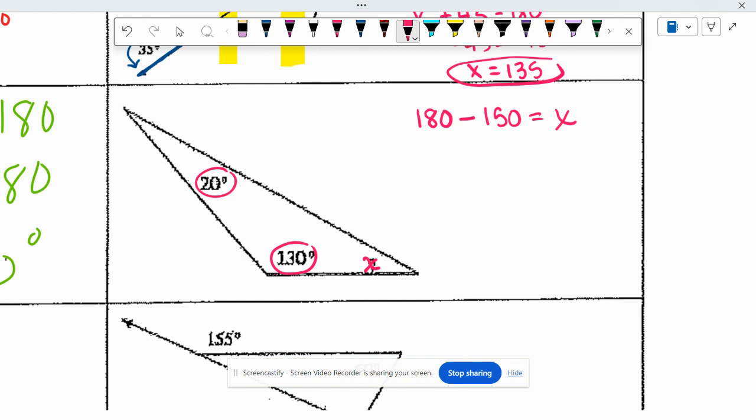Did a little bit of mental math, right? I just added up those two measures, 130 and 20 is 150, and then I subtracted instead of adding. So 30 equals X. Are y'all good with that? Because that's really probably the way that you are doing it. You're not really saying this plus this plus this equals 180. You're doing some mental math.